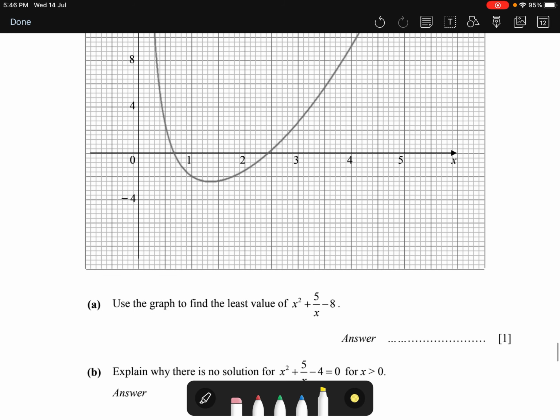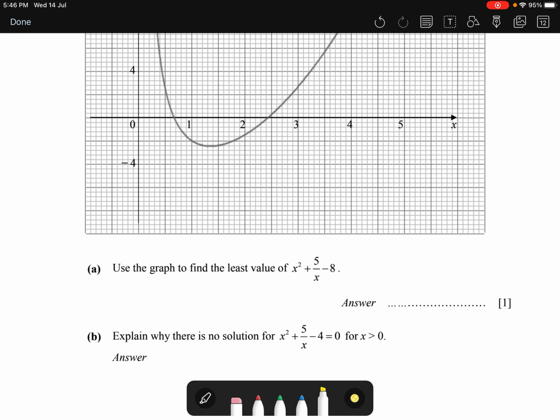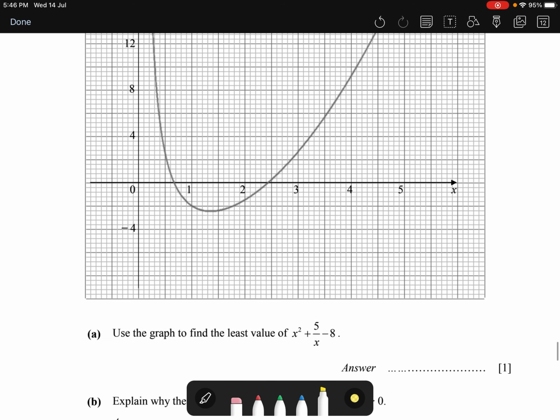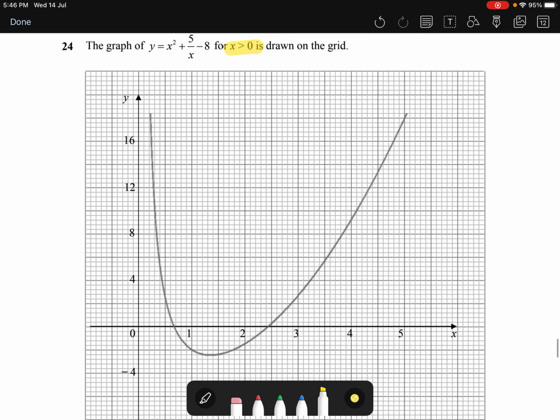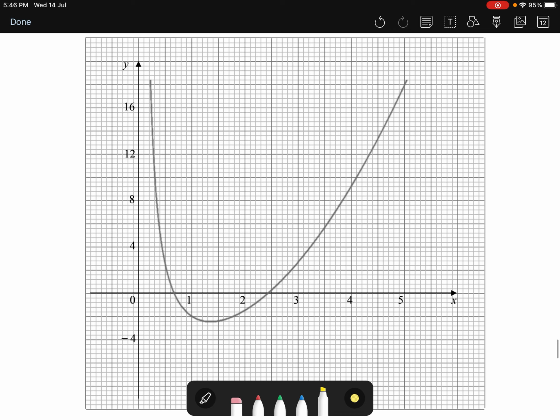They ask us to use the graph to find the least value of x squared plus 5 over x minus 8. For this type of question, when I want to find the least value or the largest value, you just look at the minimum point or the maximum point respectively.